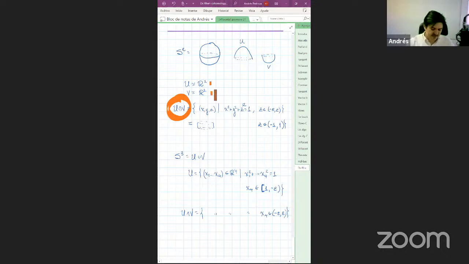And for this, again, we use a topology fact: R2 is contractible. And that will help us to know this cohomology, and then we will proceed to compute the cohomology of the sphere using the Mayer-Vietoris sequence.